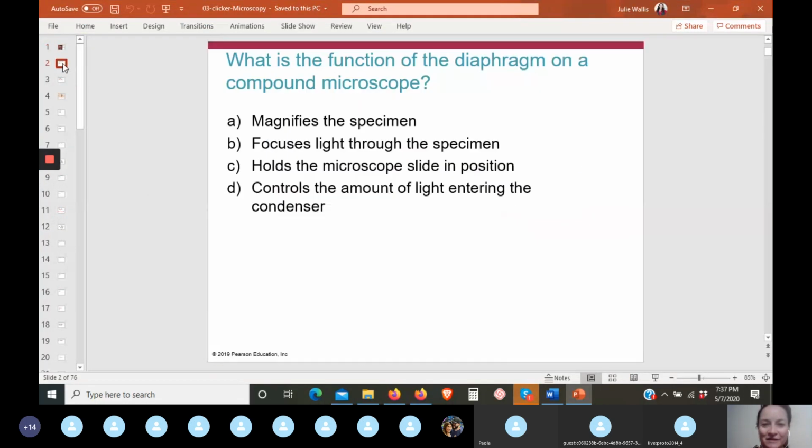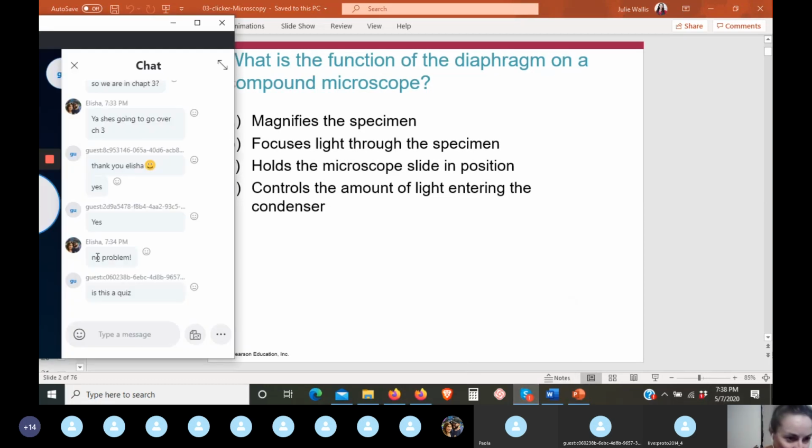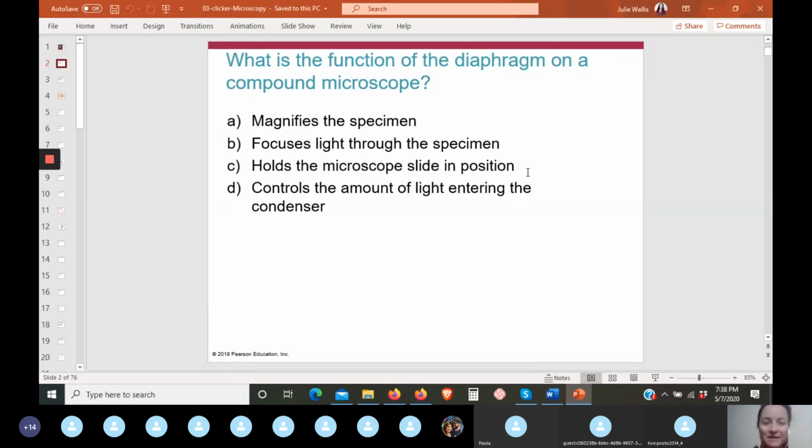Okay, first question is, what is the function of the diaphragm on the compound microscope? Somebody has a question, so now I have to look at this real quick. Yes, it's like a quiz. I have questions and then I have information that we cover between each one that explains the information if you didn't know the answer yet, which is likely the case because this is how we're covering the material.